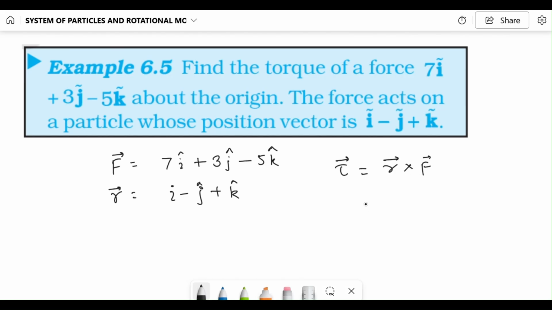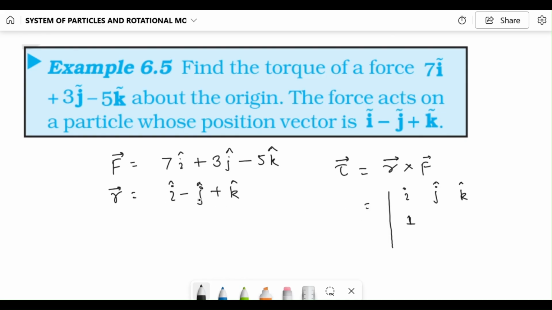And then we know that we can write r cross F in determinant form, as we have discussed all these things earlier. So this will be given as, now components of r here. rx is the coefficient of this i cap, so this will be 1.